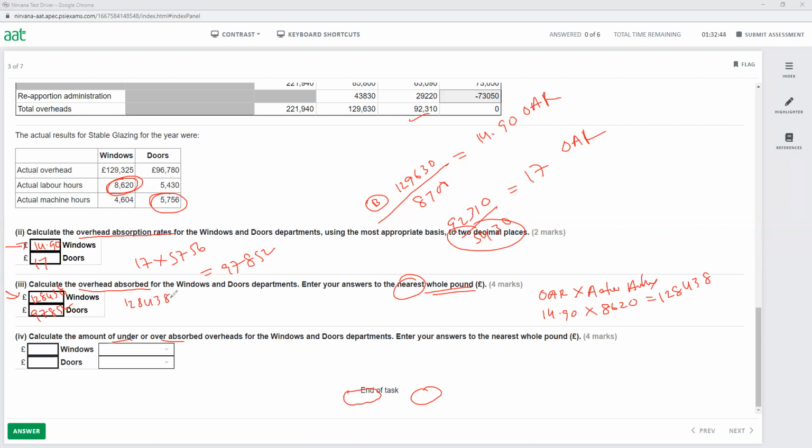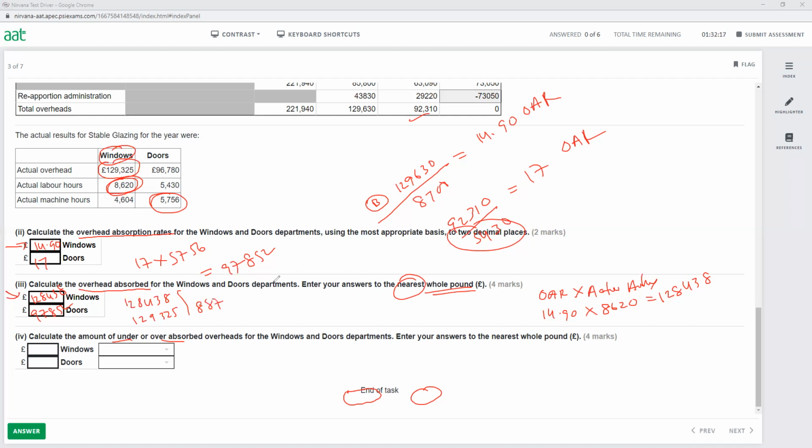This is my overhead absorbed. And the actual overhead for the window is 129,325. We need to find the difference. So 129,325 minus 128,438, and the difference is 887.